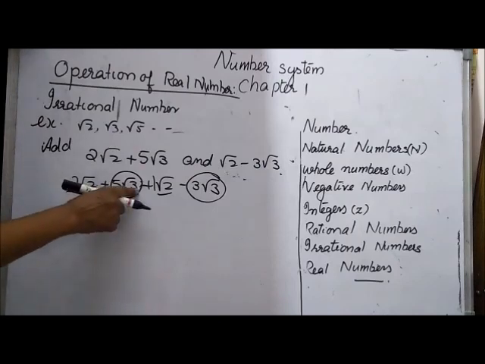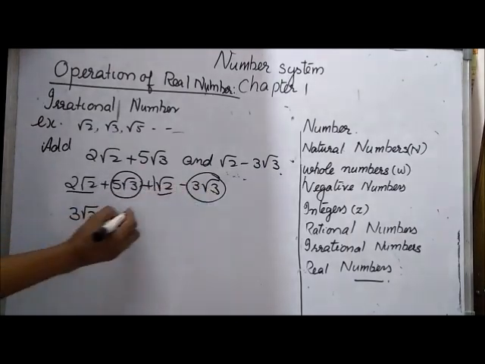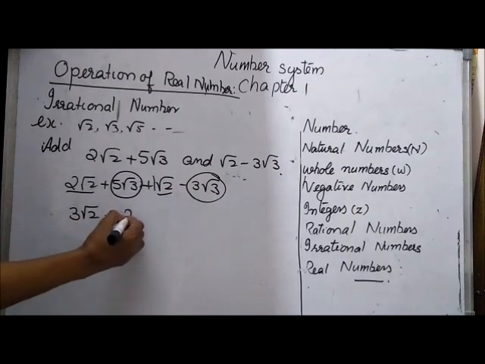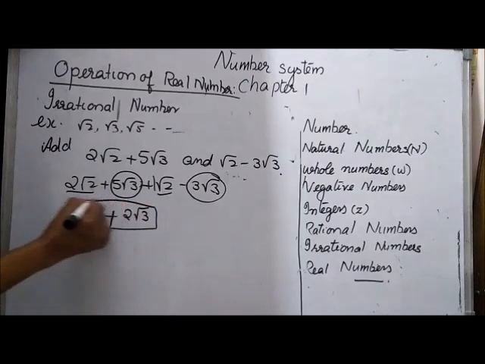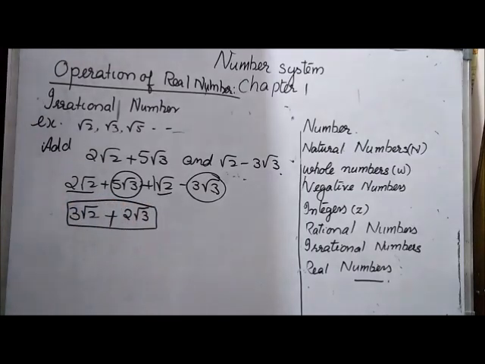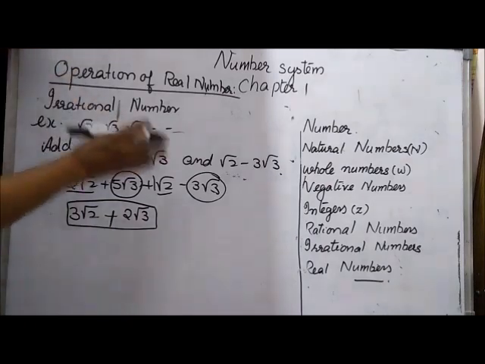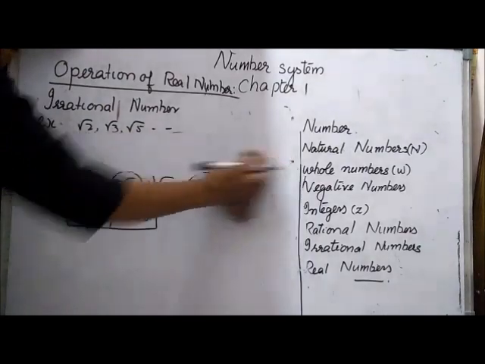Then 5 root 3 minus 3 root 3 is 2 root 3. So our answer is 3 root 2 plus 2 root 3.